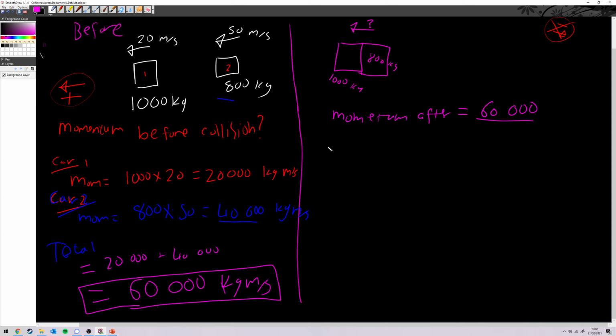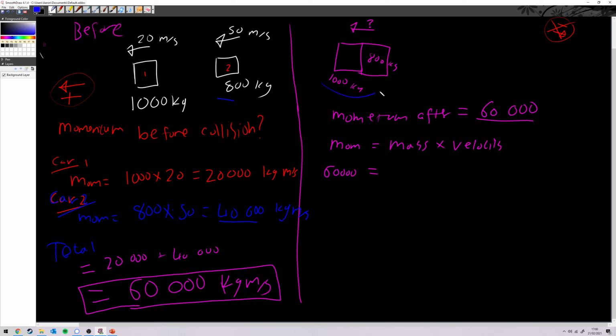Now, if I write down the equation, momentum equals mass times velocity, well, we know the momentum is 60,000. We know the mass of this vehicle, okay?